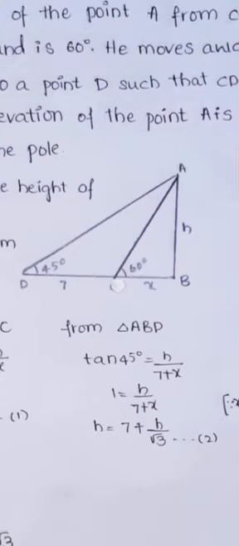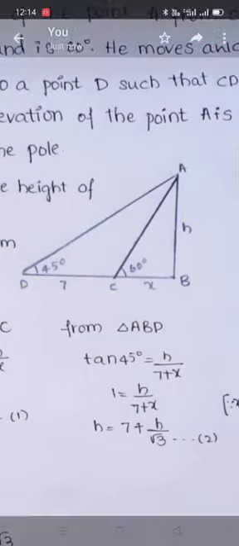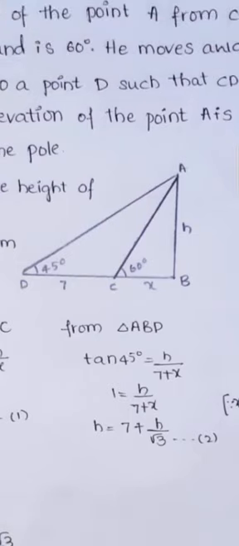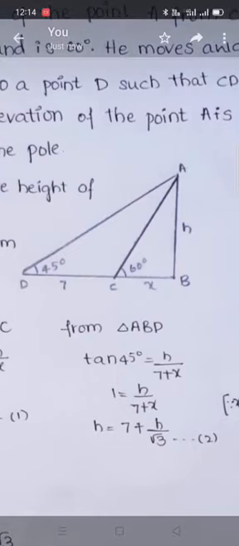And from C he moves 7 meters away to D, and here also he makes an angle of elevation to the top A of 45 degrees, given in the problem.